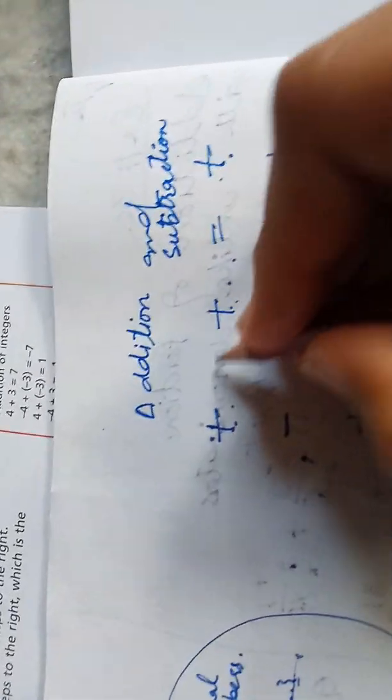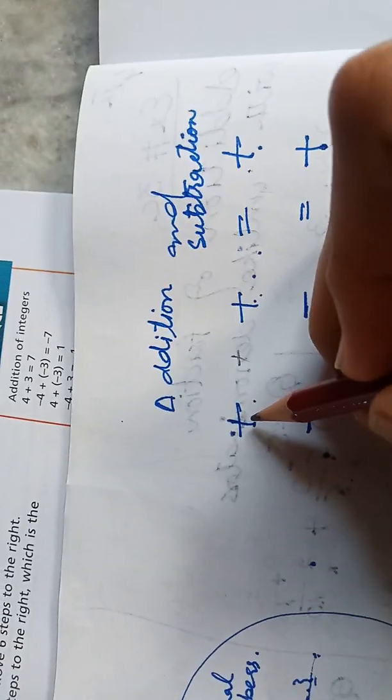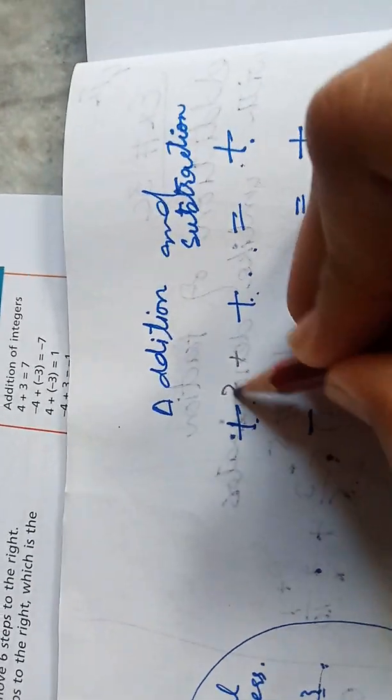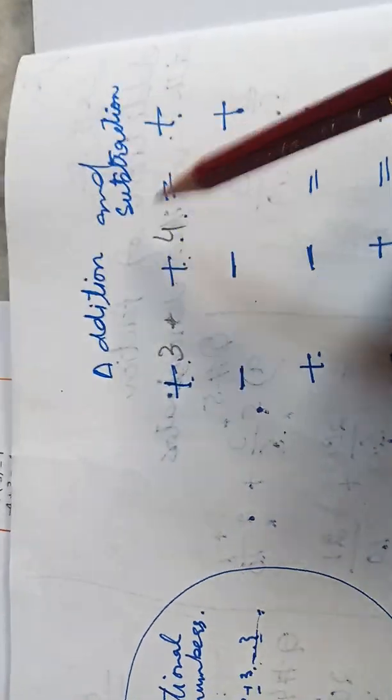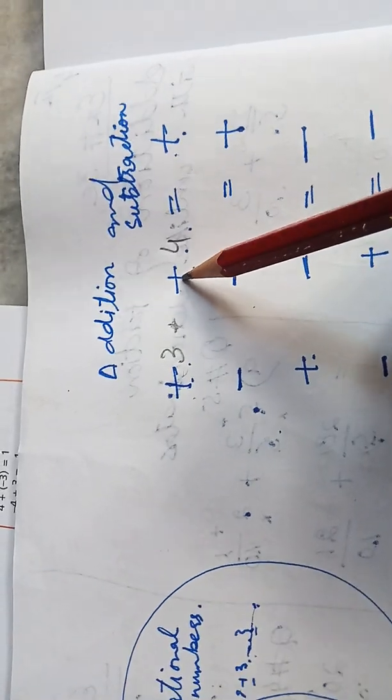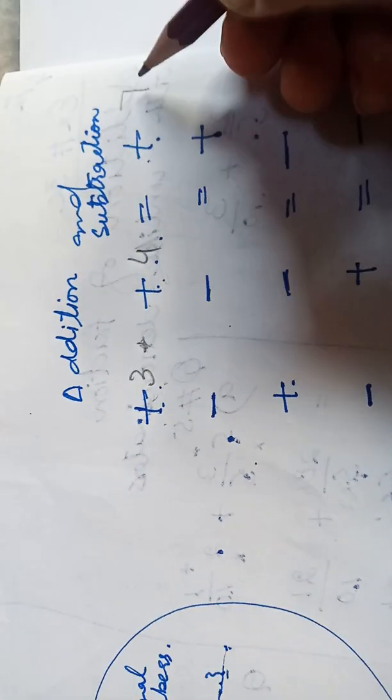If the numbers are plus 3 and plus 4, plus plus is plus, so we will add these numbers. 4 plus 3 is 7, and they will have the sign of positive.